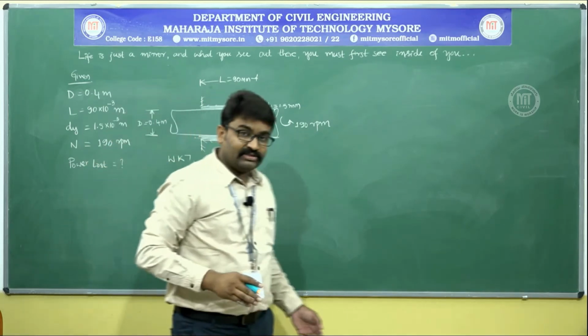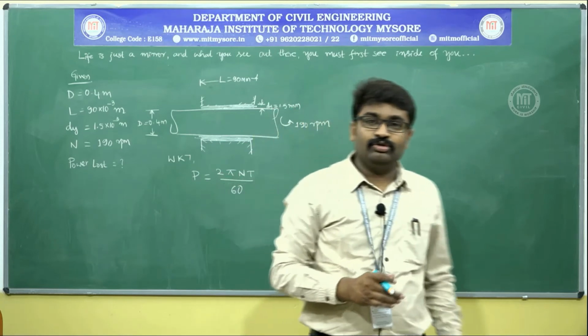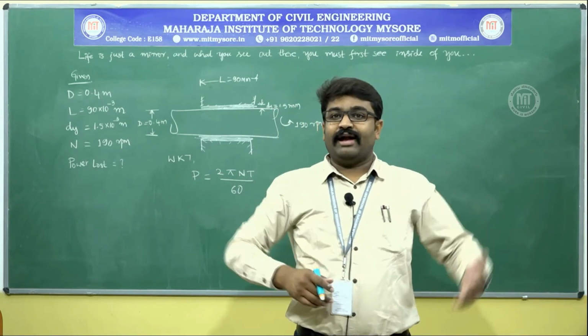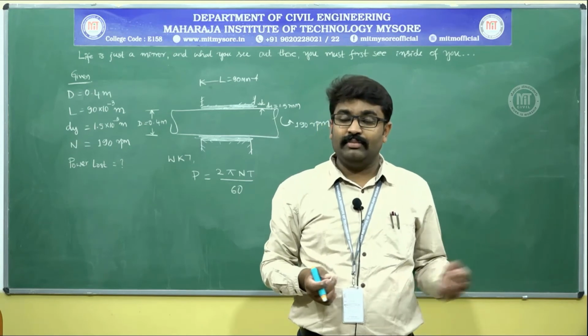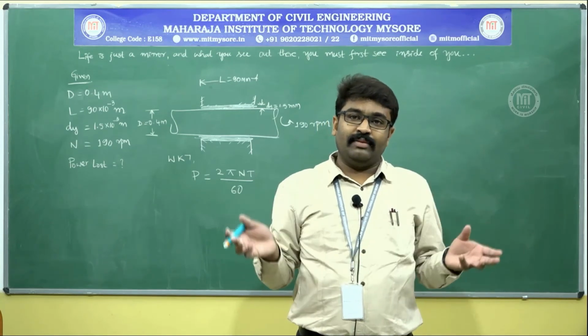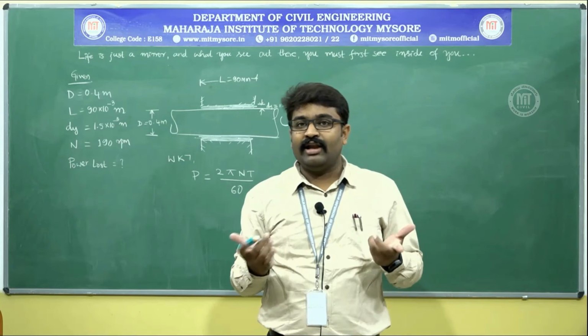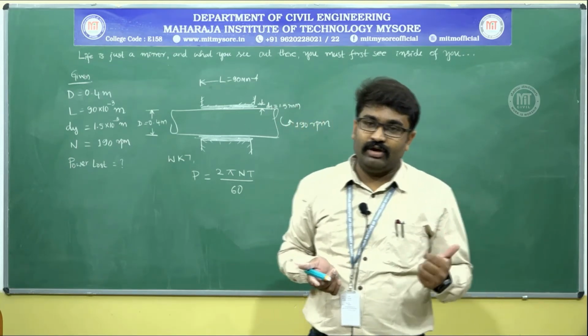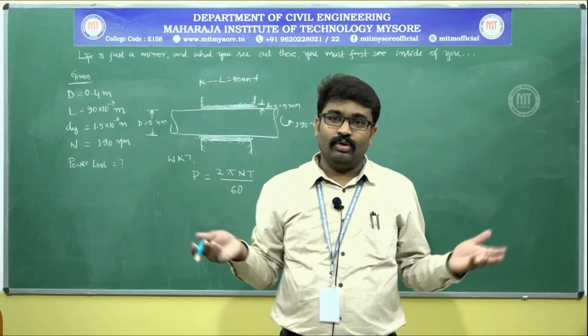In most of the equations we have now started to use pi. I would like to tell you a very interesting fact about pi. What is the meaning of pi? Whatever may be the dimension of the circle, the value of pi doesn't change. What is the value of pi? Pi is 3.14, known worldwide.